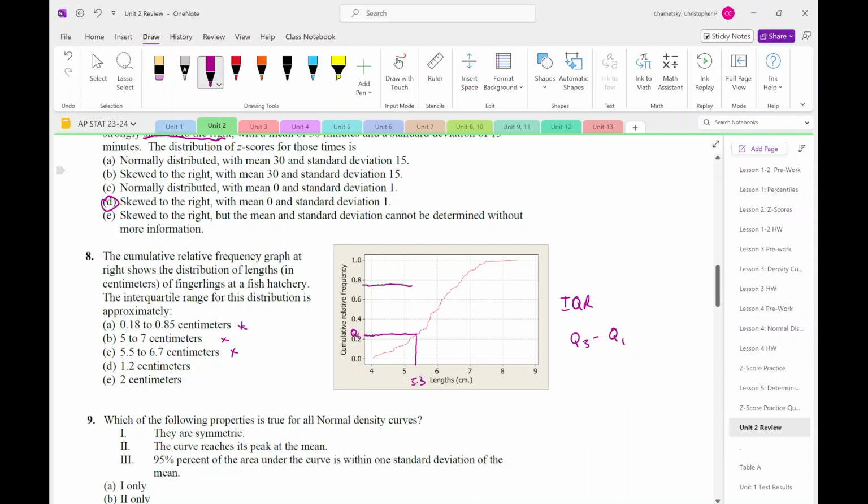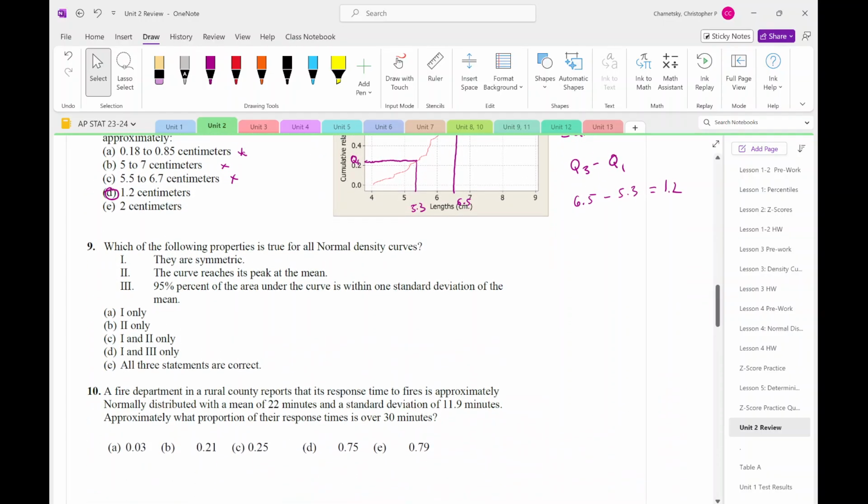So we'll mark here and see where that hits our graph. Somewhere right about there. So Q3 is somewhere about 6.5. So estimating, 6.5 minus 5.3 is about 1.2. So you should have something like 1.2 or something close to 1.2. Definitely not 2.